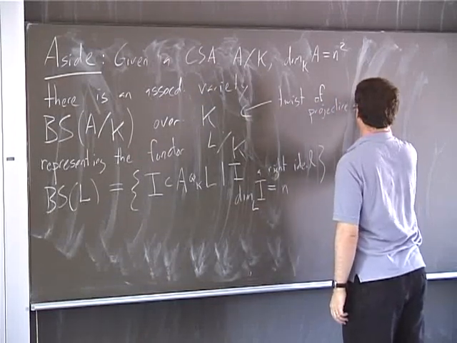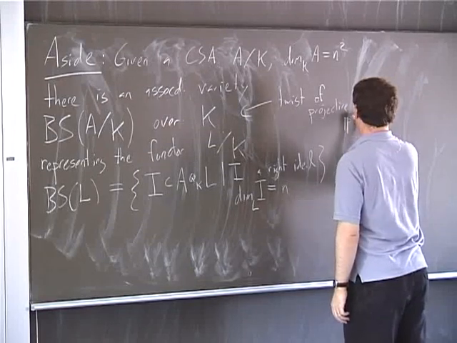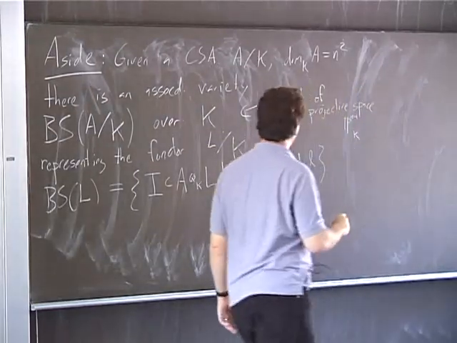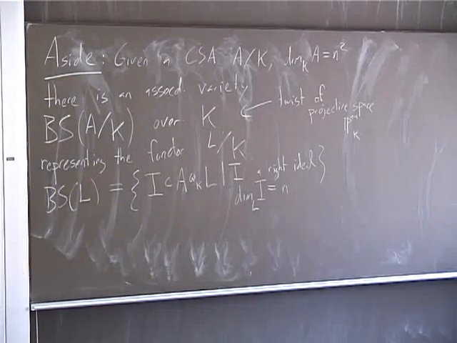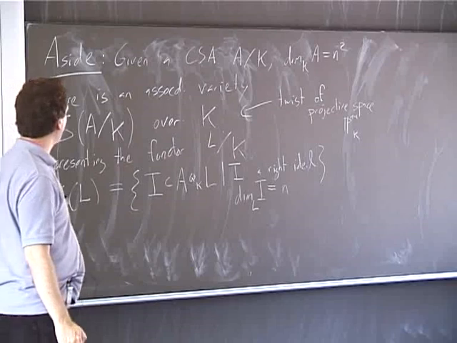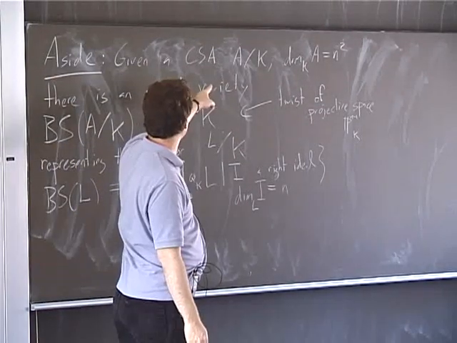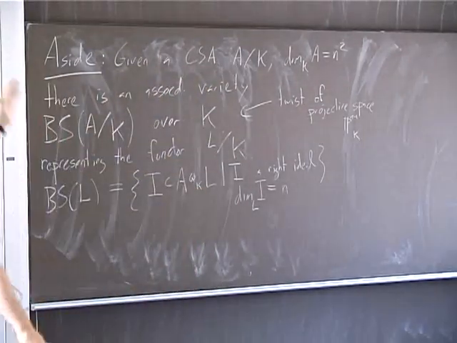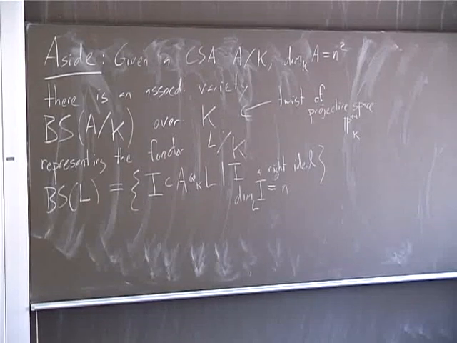And you can go in the other direction: if you have a variety defined over K whose base change to the separable closure is isomorphic to P^(n-1), then it always comes from a central simple algebra. So there's a one-to-one correspondence between these Severi-Brauer varieties and these central simple algebras.